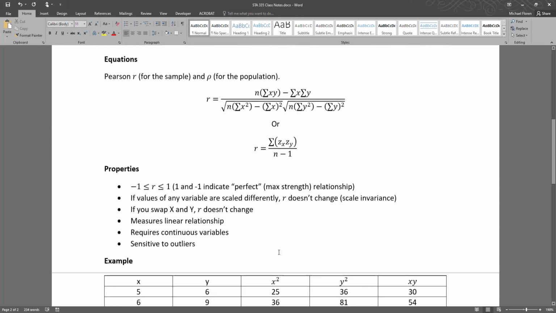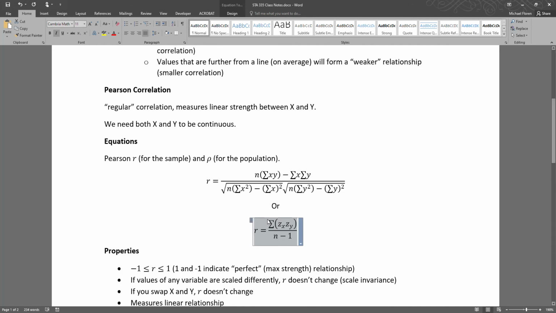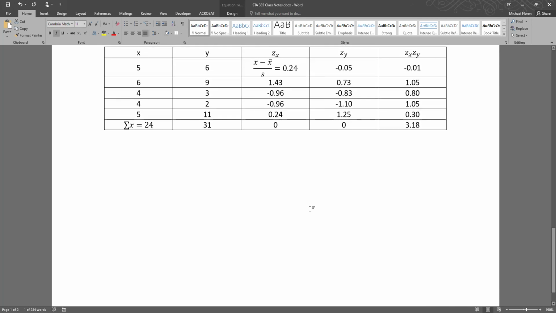Copying our equation from above, we'll implement the same procedure that we did last time. We'll start with the equation, and then we'll fill out each of the different components. N, being 5, is a value that we've already found earlier. The sum of z sub x times z sub y is the quantity that we just calculated as 3.18.